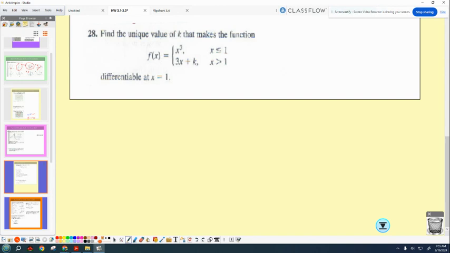First of all, for it to be differentiable, what else has to be true? It has to be continuous. So first thing, check continuity. The limit from the left is 1, which also equals f of 1.